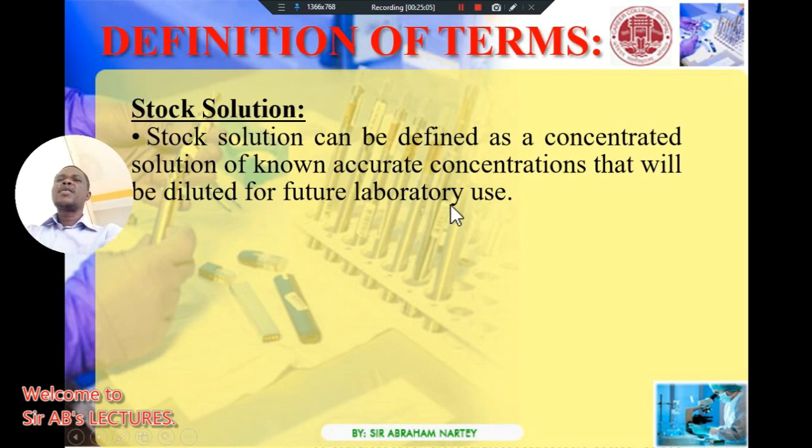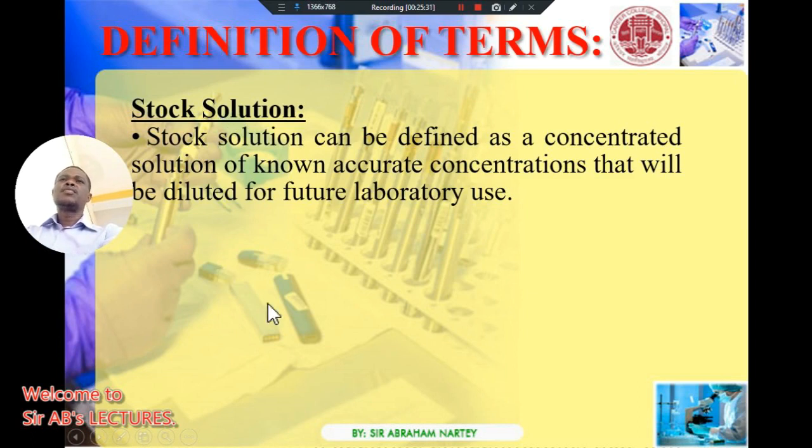So you see, when we prepared Giemsa, we can calculate the concentration, so it has an accurate concentration. The first solution of Giemsa we prepared is our stock solution. So any solution in the lab that you will take and mix with liquids, other chemicals or distilled water before you use it is a stock solution.